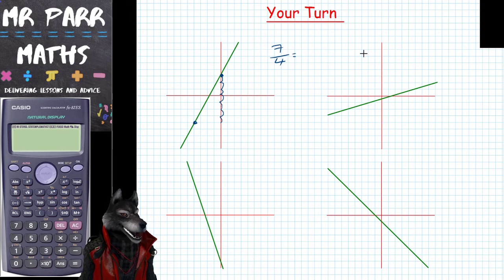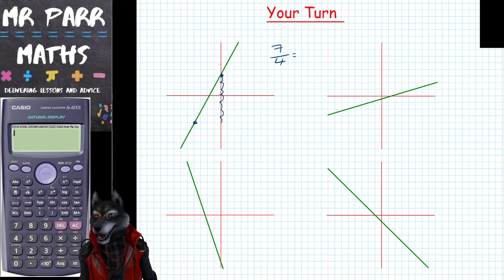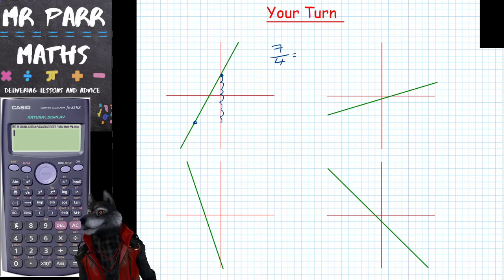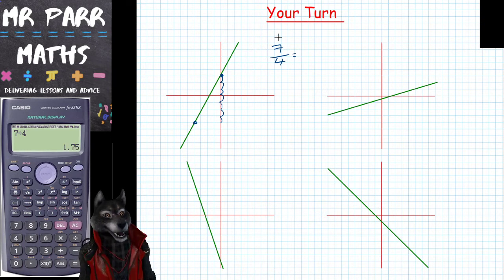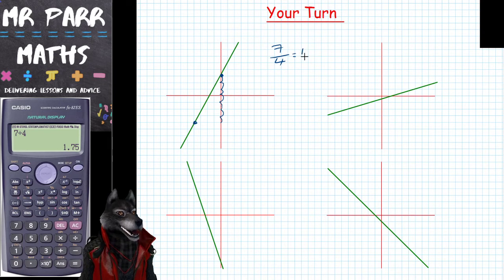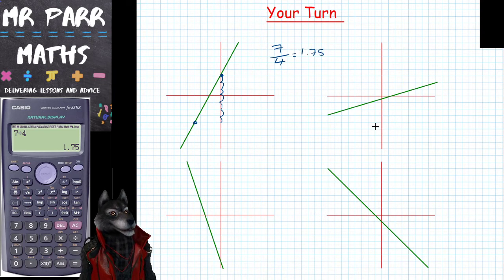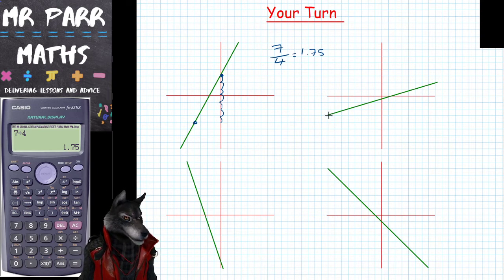Oh, horrible number. So if I wanted to, I can now go to my calculator and do 7 divided by 4, which gives us a gradient of 1.75. Done. There's my gradient.